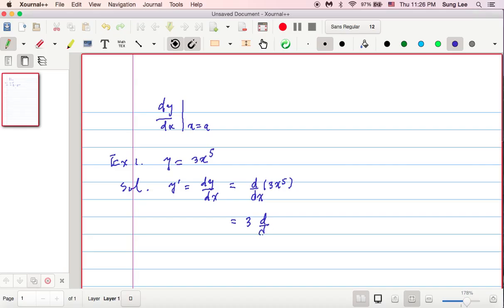So that's 3 times d by dx of x to the 5. This is where we can apply the power rule. Actually, we defined the derivative of x to the 5 at a particular value, if I remember correctly x equals 1, in my earlier lecture.